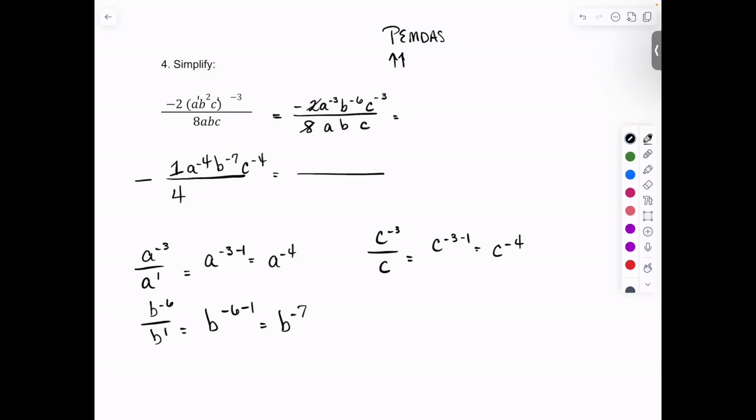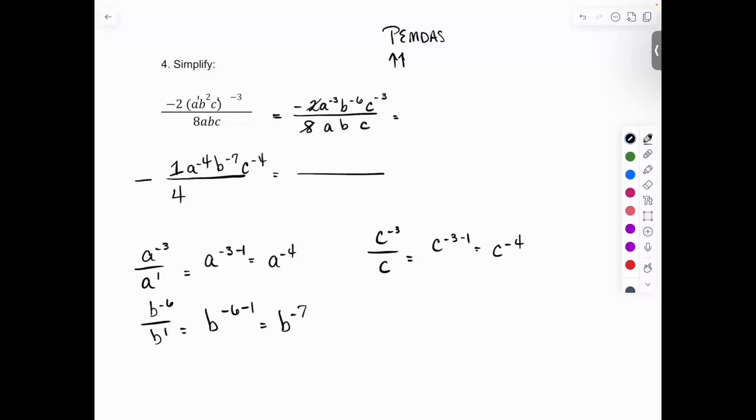So, what we're doing here, the main exponential rules we applied: we applied that -3 exponent to that group in the top, and we multiplied those respective exponents by the -3 to get our A to the -3, B to the -6, C to the -3.